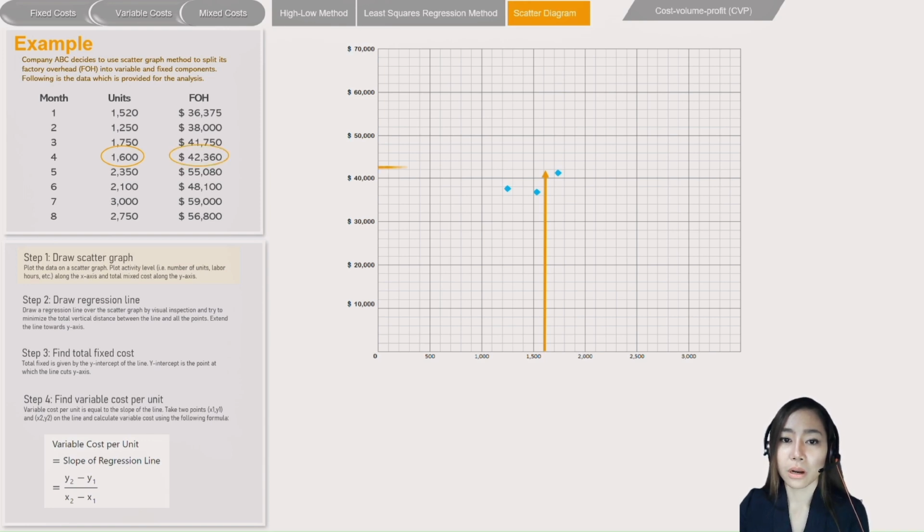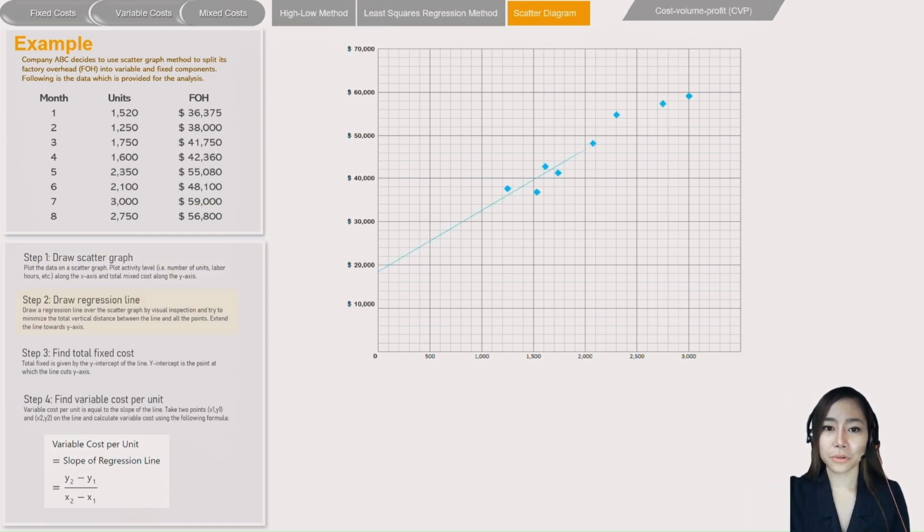Month 4, 1,600 units and 42,360. Month 5, 2,350 units and 55,080 factory overhead. Month 6, 48,117 for the next one, 3,000 units and 59,000 factory overhead. Lastly, month 8, 2,750 units and 56,800 factory overhead.